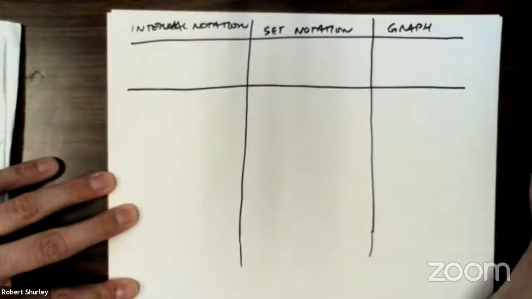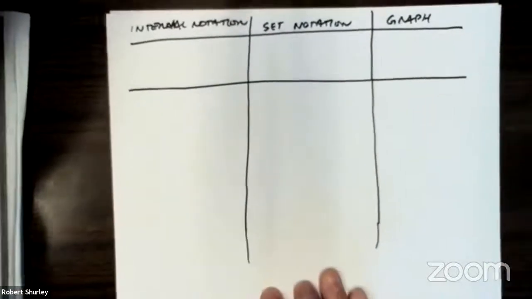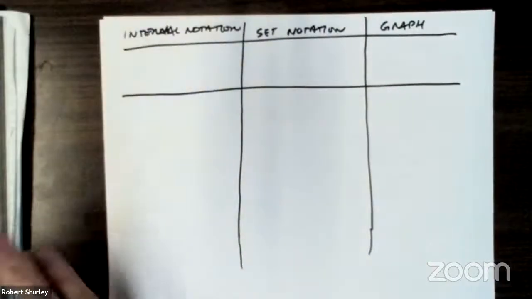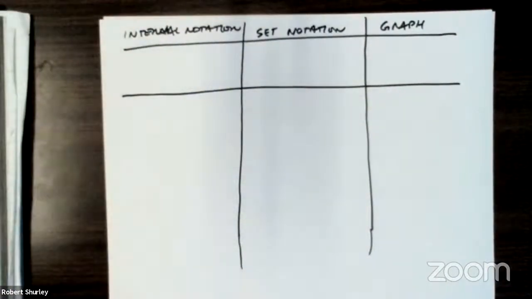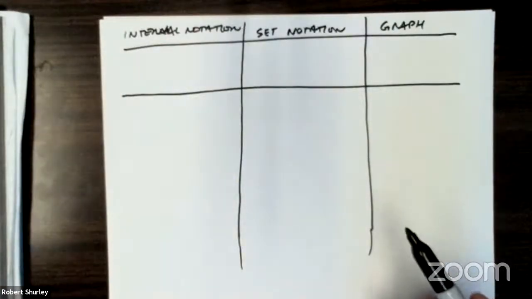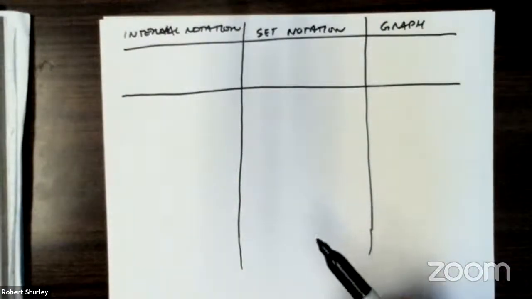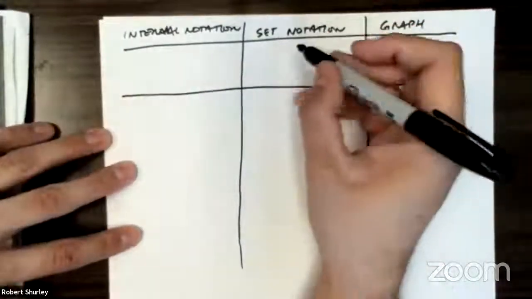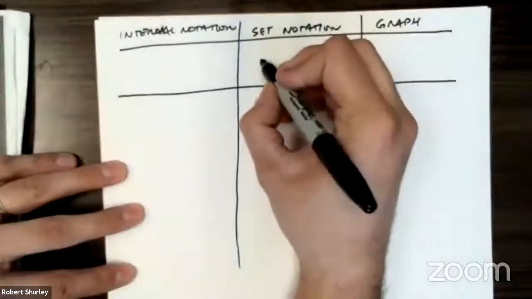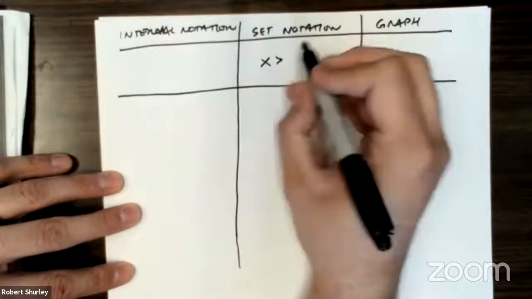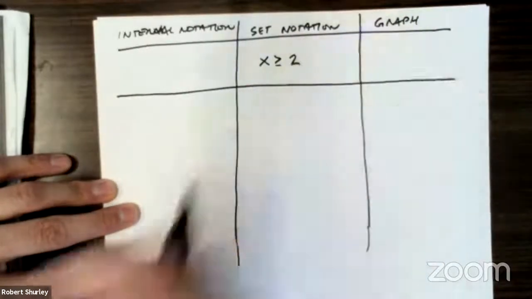We're going to use this notation whenever we have an interval of solutions. So for instance, let's say I told you we had a solution that x could be anything greater than or equal to 2.